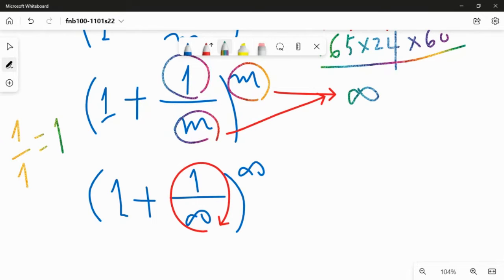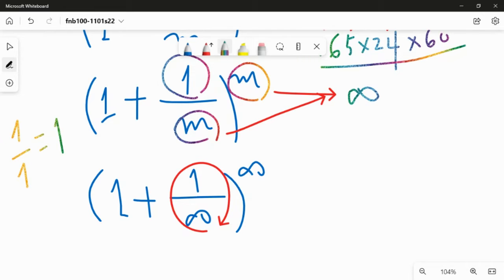How can it be infinity? Infinity is an infinitely large number. Oh, it's divided. Yeah, you're dividing 1 by an infinitely large number.